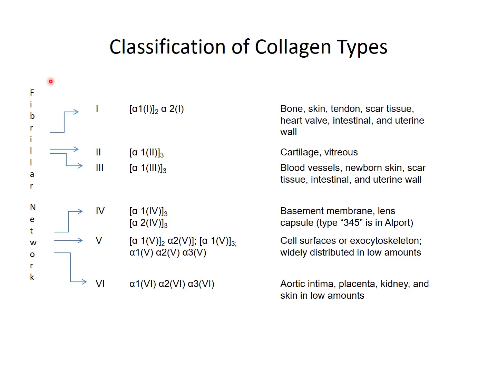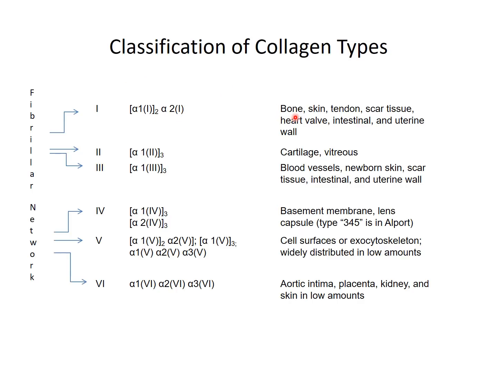So let me just a little bit expand your knowledge with, here are the fibril forming and the network forming collagens. I left out the fibril associated from this figure. And then type 1 collagen is built of two of the alpha 1 type 1 and one of the alpha 2 type 1 chain to form the triple helix.